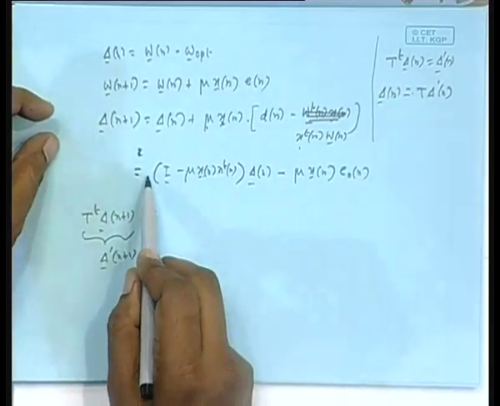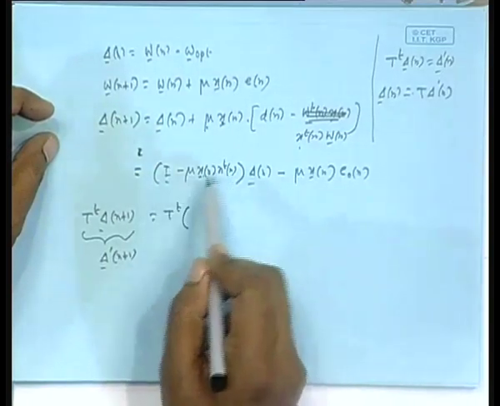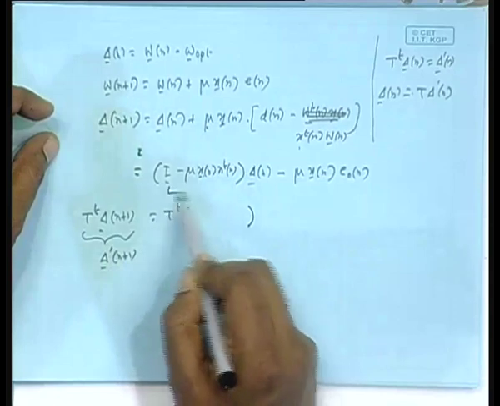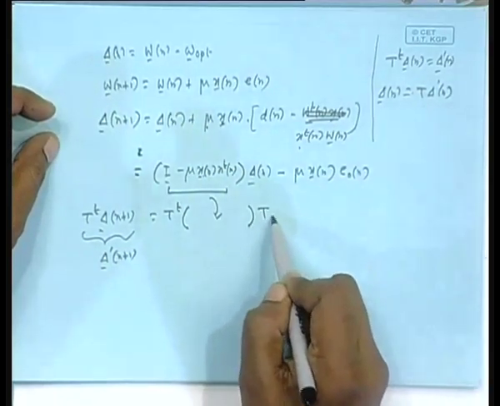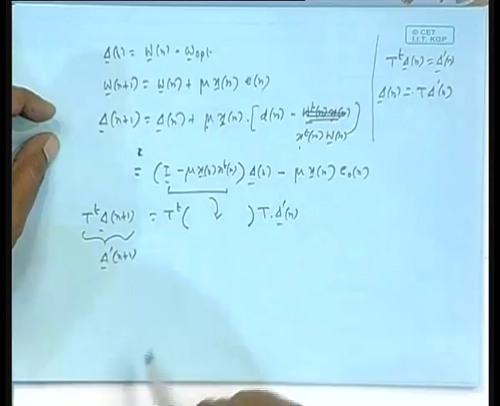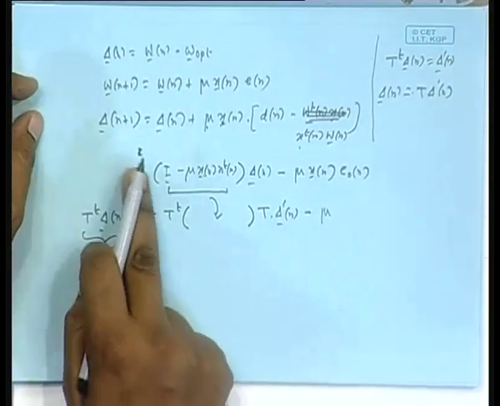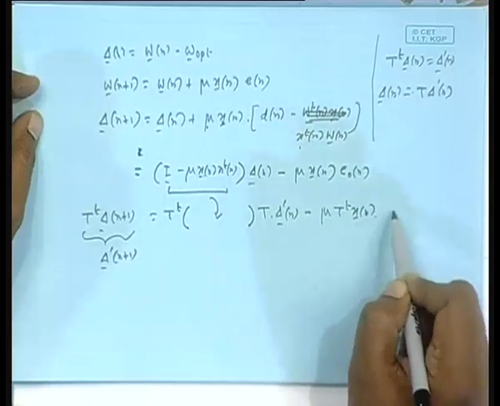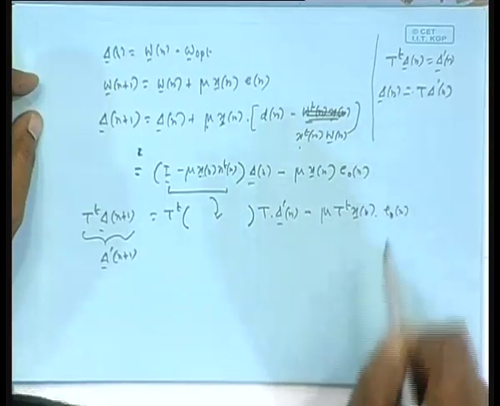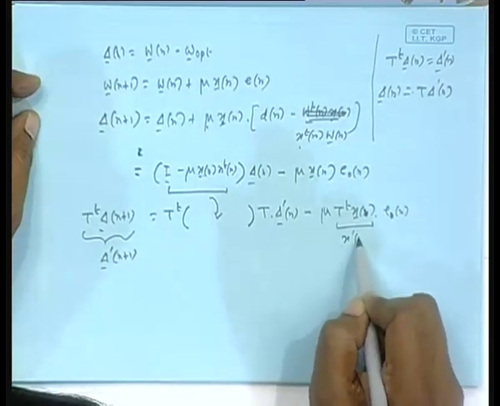So T transpose will come here, this entire thing comes here, but delta n I will write as T into delta prime n, minus mu again. I multiplied from the left by T transpose, so I have to multiply this also by T transpose, and E O n is a scalar, it remains as it is. This quantity by my definition is x prime n.